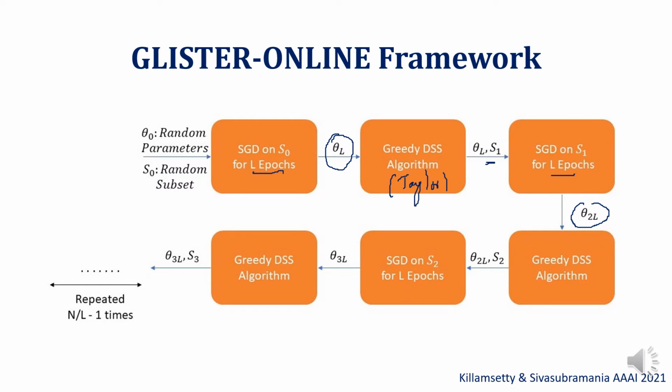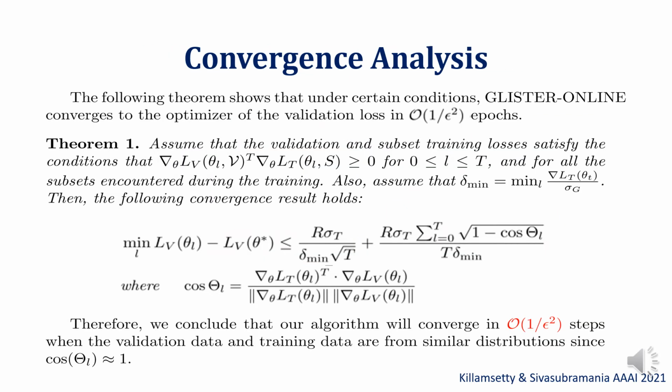Now, what about convergence properties? And now for the convergence analysis. So if you basically ensure that the validation loss function LV is Lipschitz smooth with some constant, and the gradients of training and validation losses, their norms are bounded by some sigma t and sigma v respectively, then the validation loss will always monotonically decrease with every training epoch.